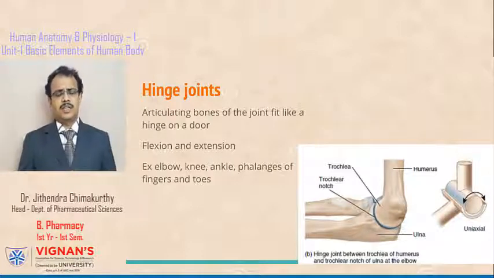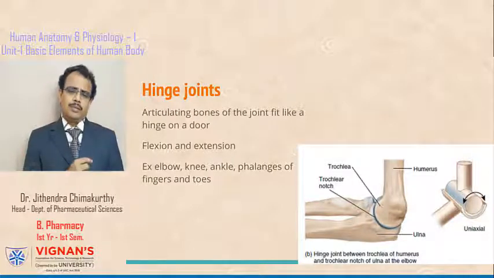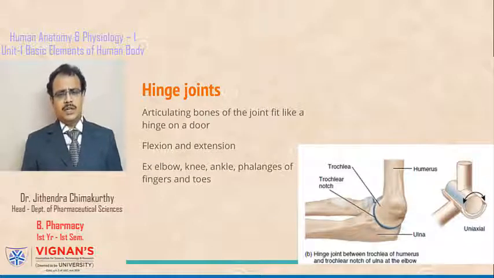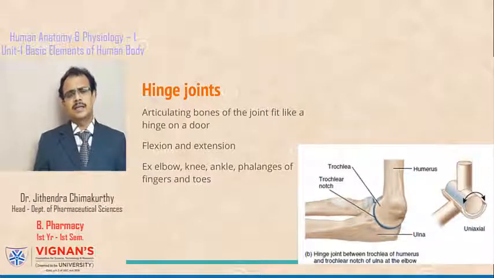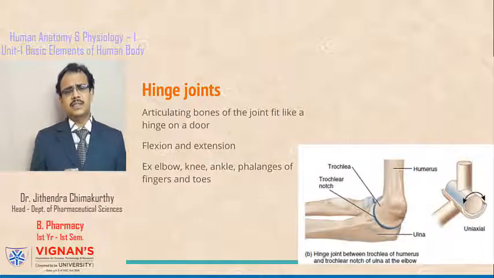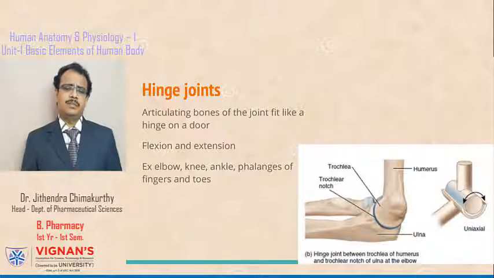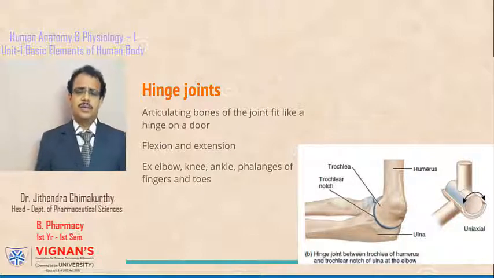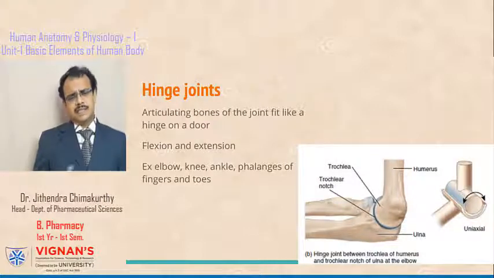Examples of this type of joint are the elbow joint and knee joint, and the extent of movement possible with this type of joint is very limited. It is limited to flexion and extension.